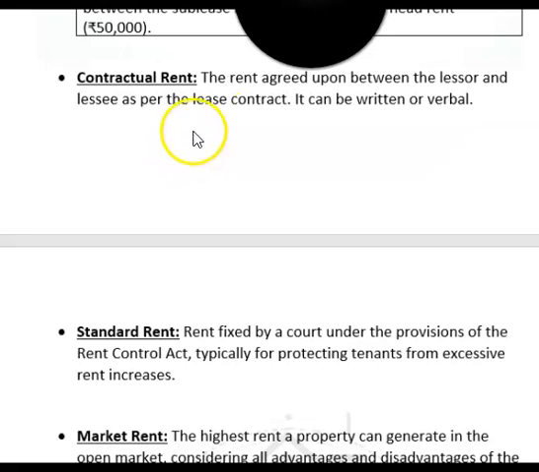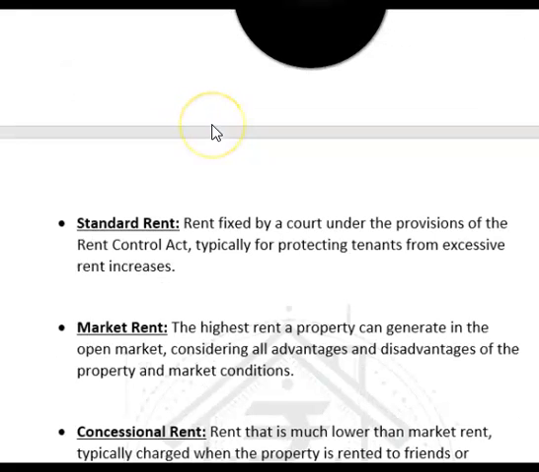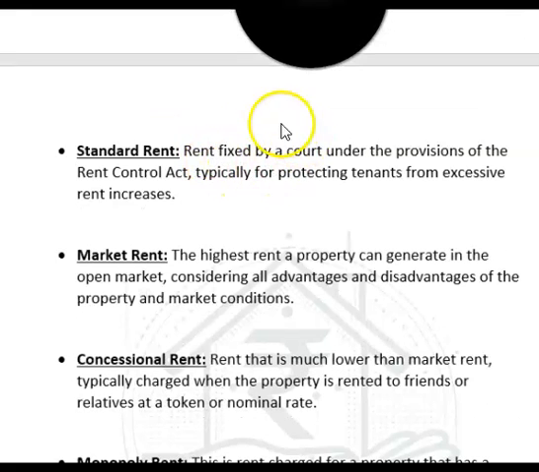Contractual rent. The rent agreed between the lessor and lessee as per the lease contract. It can be written or verbal. Whatever rent is finalized in the contract, that is called the contractual rent. Very simple. Standard rent. Rent fixed by the court as per Rent Control Act.